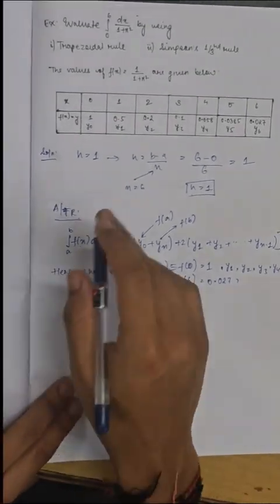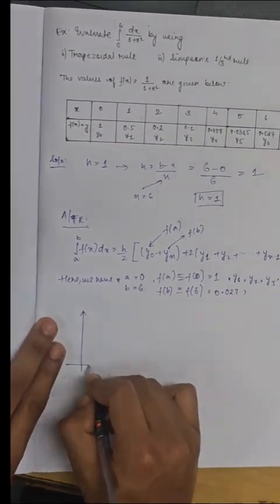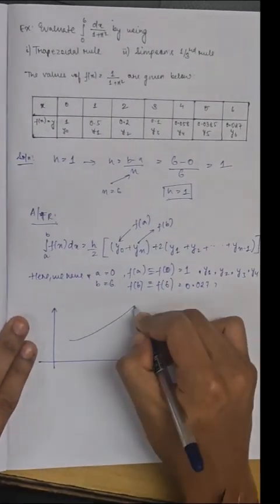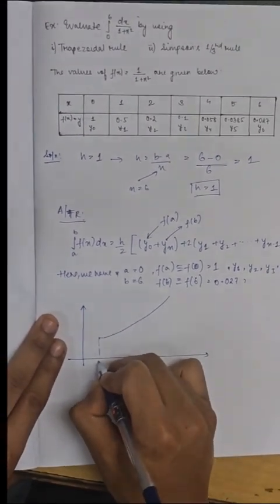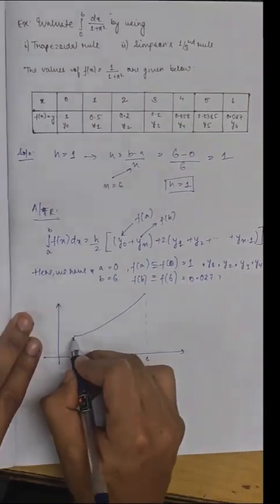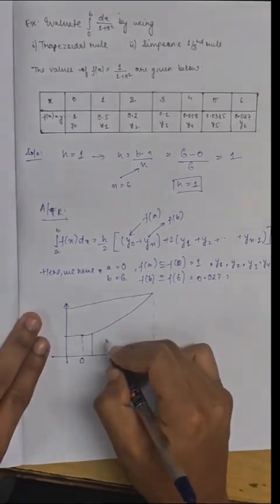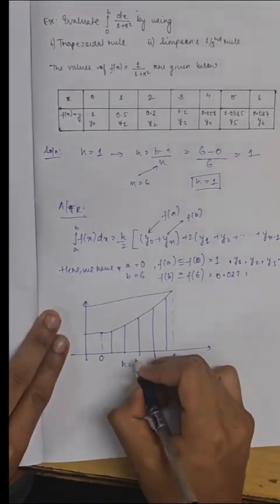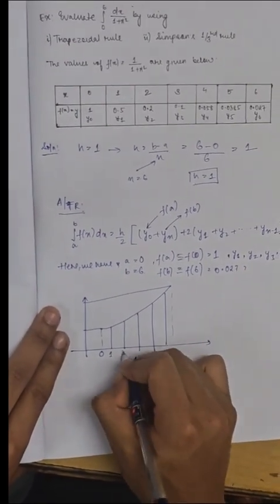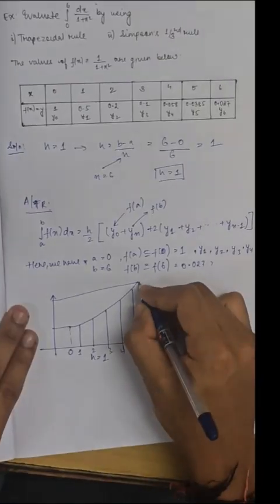So let's try to visualize this problem. Here, let's suppose this is the function, where we have x, where somewhere here it's 0 and here it's 6, and correspondingly the values are given, and we are told to divide this area under the curve into 6 equal parts, each of size h is equal to 1. So 1, 2, 3, 4, 5 and 6.